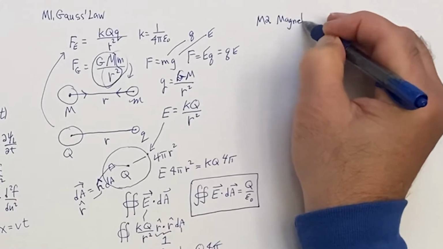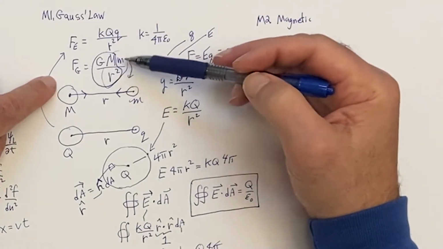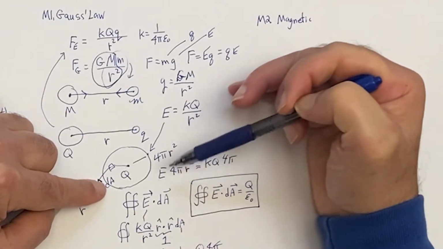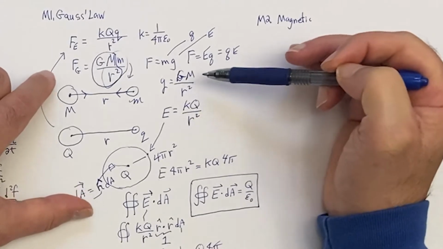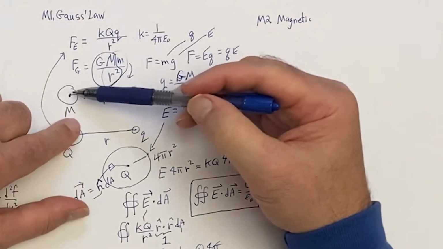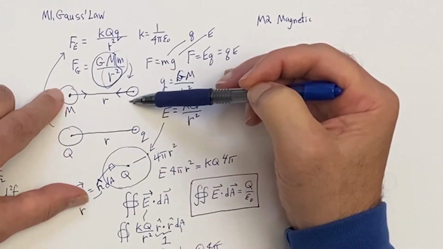And these are fundamental forces in nature. Fundamental force of gravity, fundamental force of the electric force. And it was inspiring to Einstein when we at first had two forces for gravity.